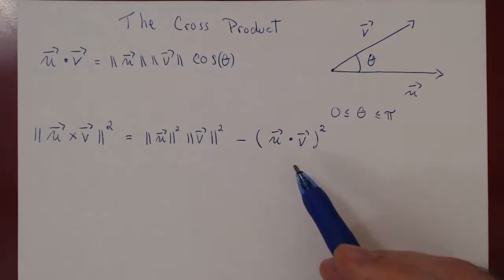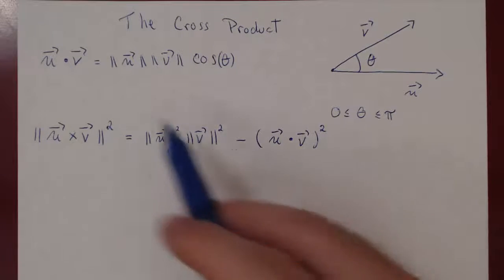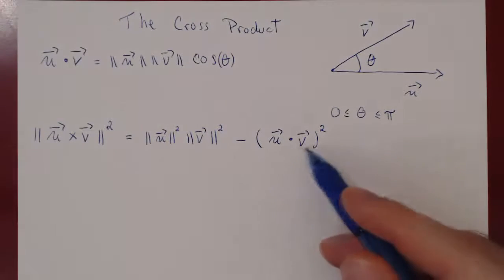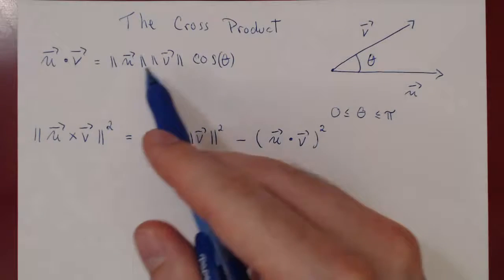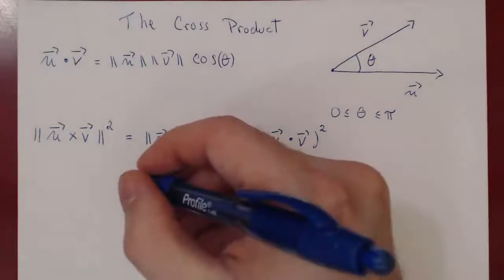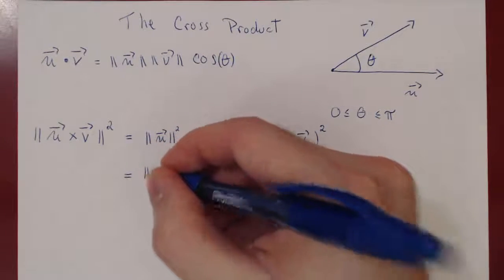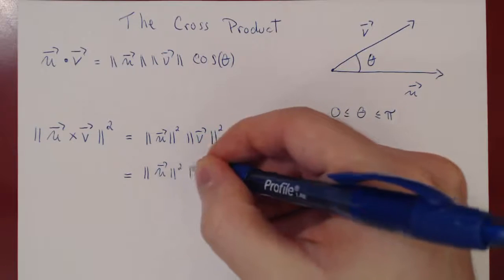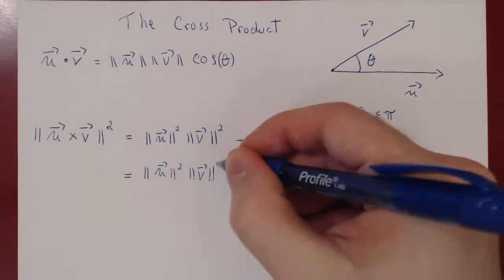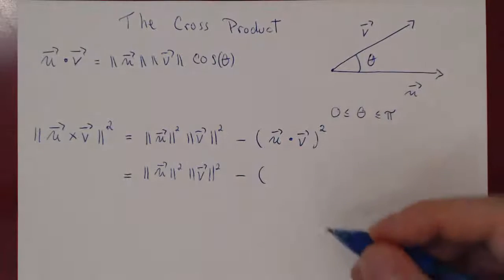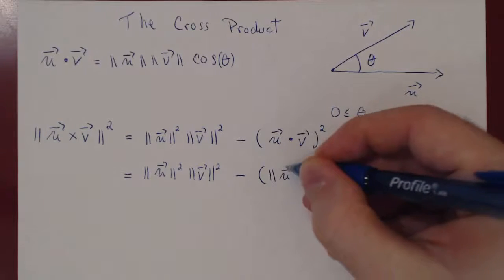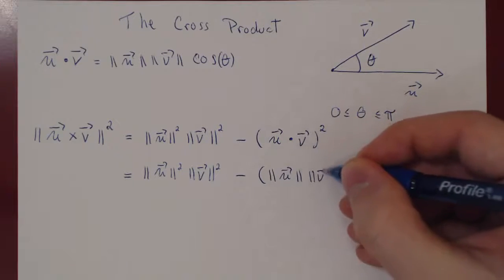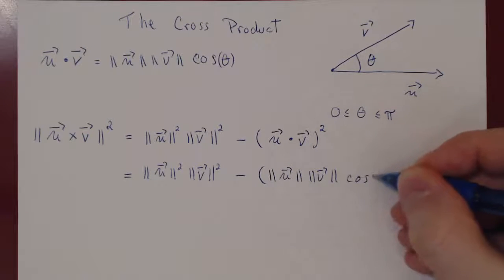What's interesting is what we can get from this if we replace u dot v by the norm of u, norm of v, cos of theta. Let's see what comes out of this after we make this substitution. So the norm of u squared times the norm of v squared stays the same, minus, and now we make the substitution, u dot v is the norm of u times the norm of v times cos of theta.